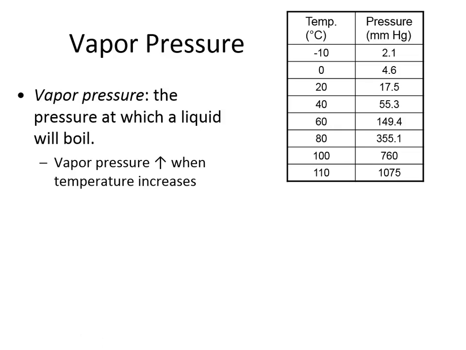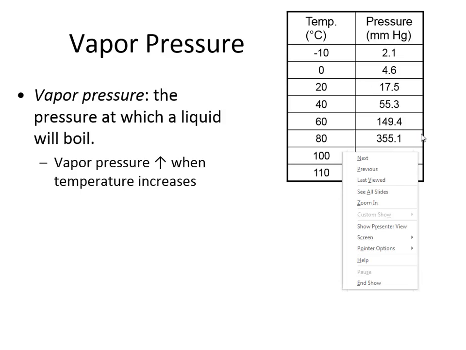That's by definition. The way that they decided what is 100 Celsius, they said that is the temperature at which water boils. And so 100 Celsius is the temperature that water boils, and 760 millimeters of mercury is atmospheric pressure. And so when atmospheric pressure equals the vapor pressure of the liquid, that's when that liquid will start to boil.